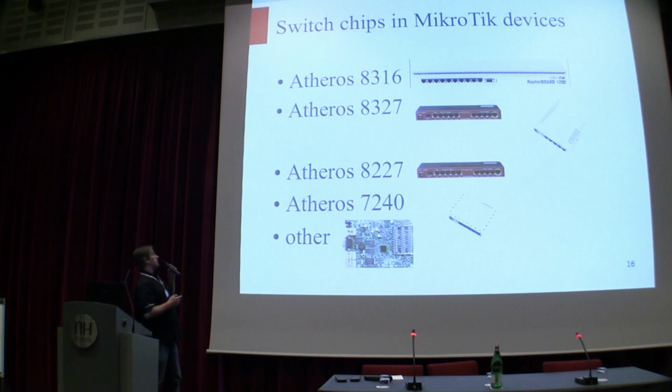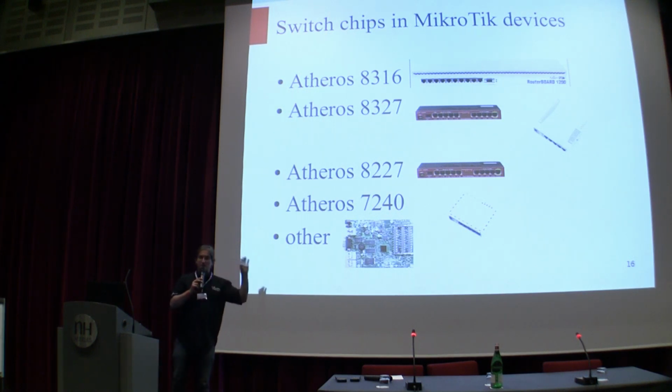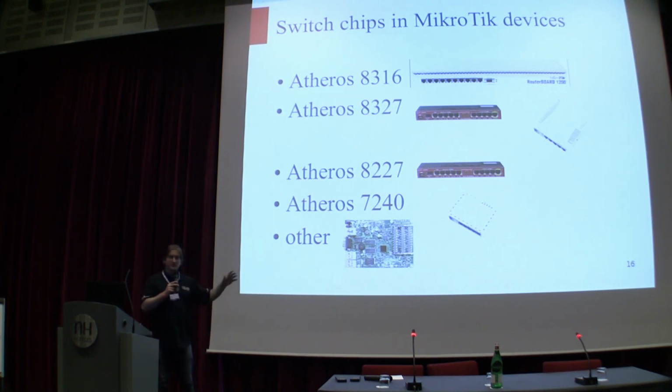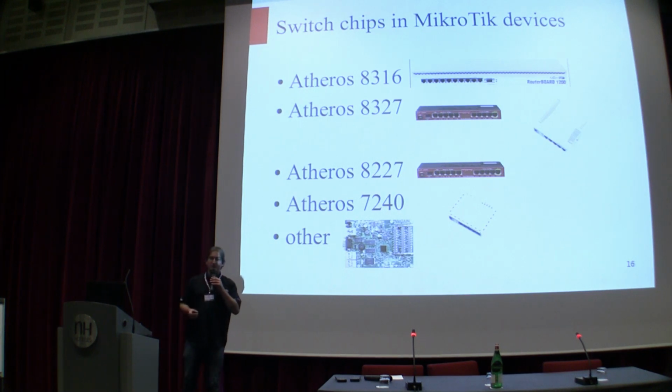These are some examples. We have 4 main chipsets used now. We have 8316, a gigabit chipset used in some rack mount, the big RouterBOARDs. We have 8327 used, for example, in RouterBOARD 2011 or 751G.